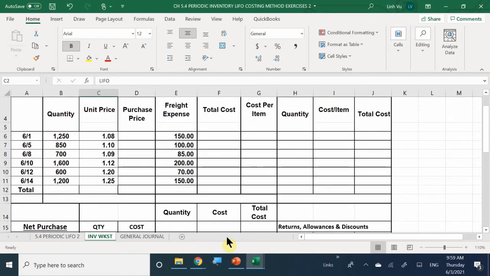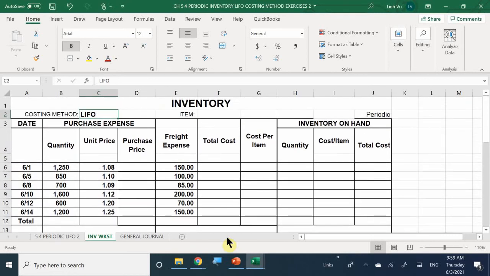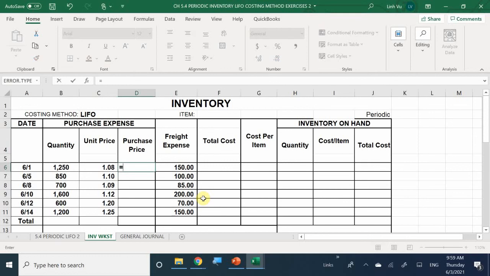I've already entered in the dates, the quantities, and the unit price. So all we're doing here is filling the rest of the table out. All right, let's start here on June 1st. We purchased a total of 1250 units at a unit cost of $1.08. So what's my purchase price going to be? $1,350.